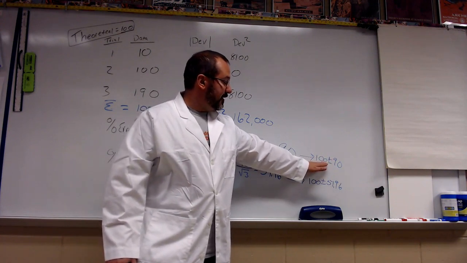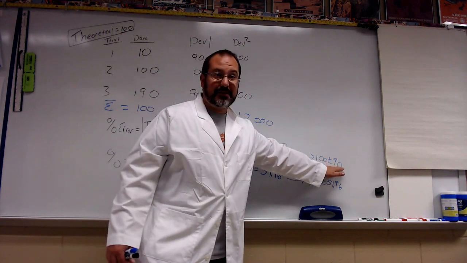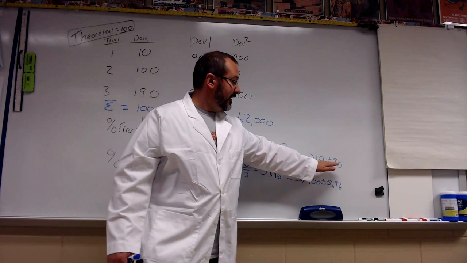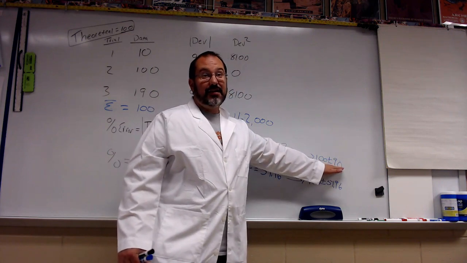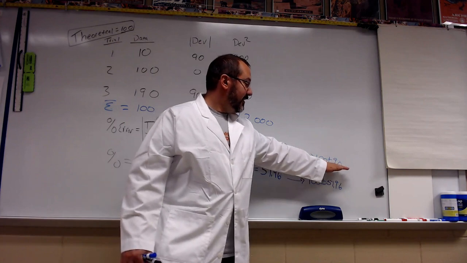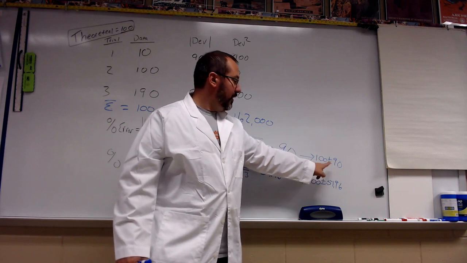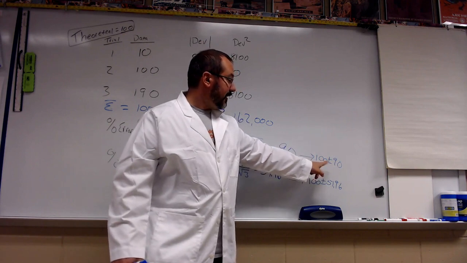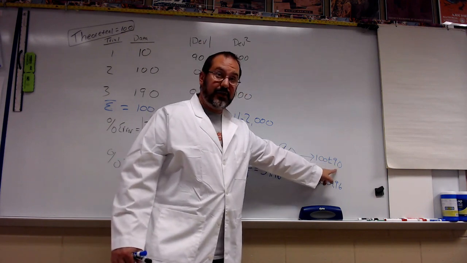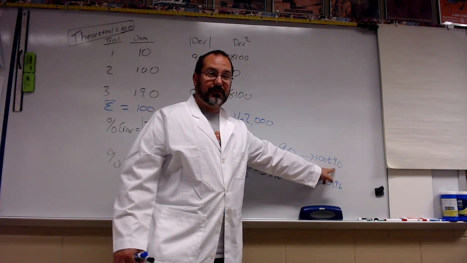That average measurement value, if it was 1,000,000, 90 is not a big deal. But if it is 100 and your error is 90, then that is a big deal. And so what we're going to say is that there is an acceptable percent of this value that would define whether or not the data is precise.